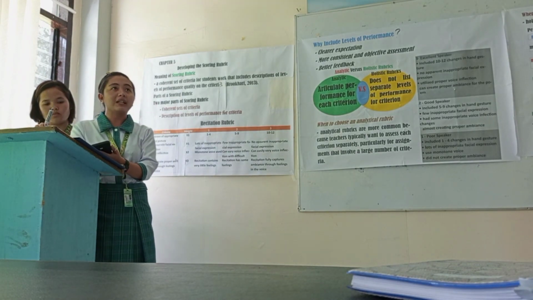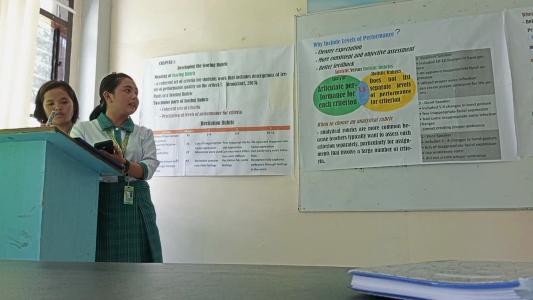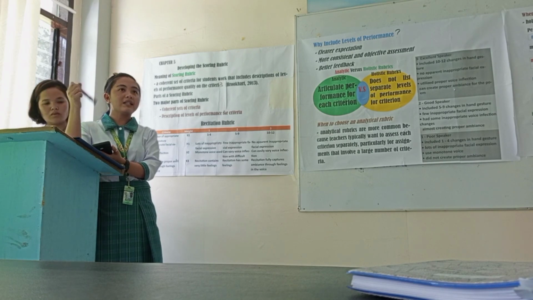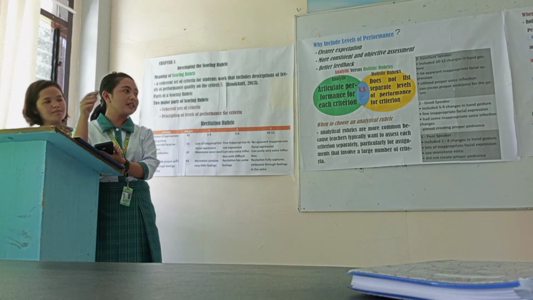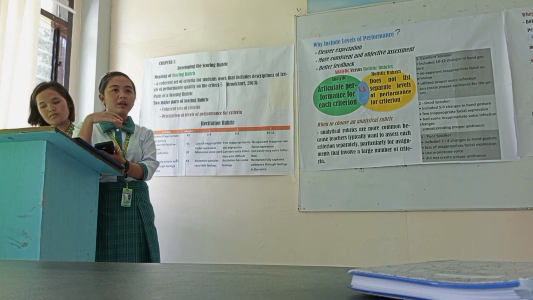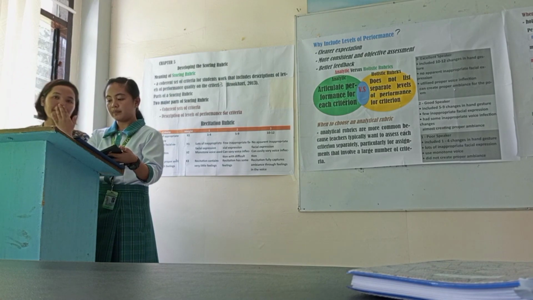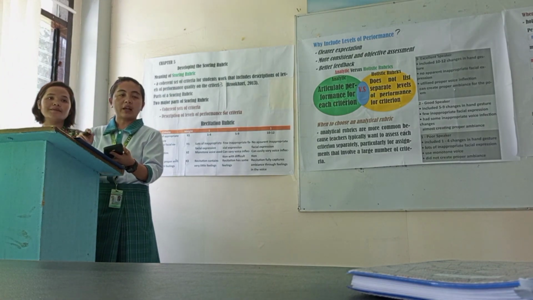The holistic rubric is easy to prepare, but with the analytic rubric, we can find the good side or the bad side of the performance done by the students. Analytic is more detailed.